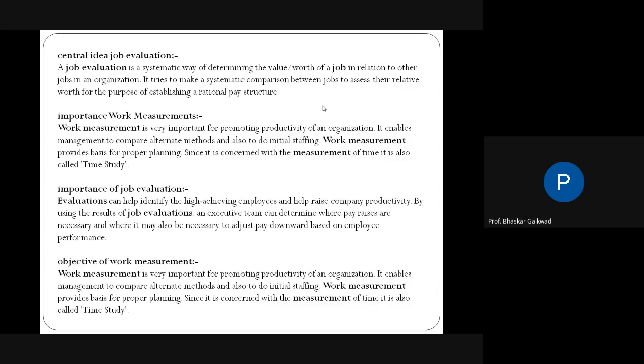In brief, the objective is to increase production and productivity, as well as to decide the salary and wages system for the worker, and to calculate the cost required to manufacture a job. These things you get from work measurement.